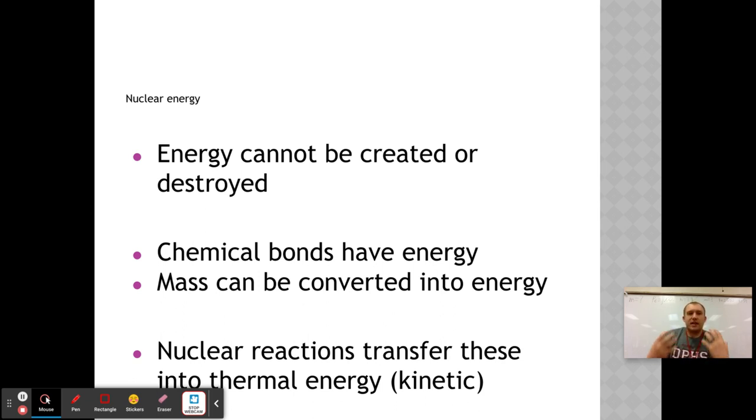Nuclear reactions transfer that into thermal energy and kinetic energy, which are things they throw off as a result of that reaction. They throw off gamma rays, that's a type of energy. They throw off particles, and all of that becomes forms of kinetic energy that we can then harvest to do what we want with it.